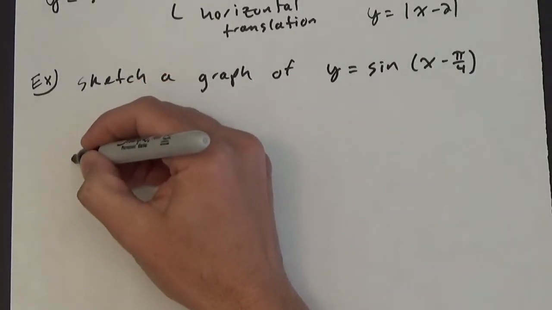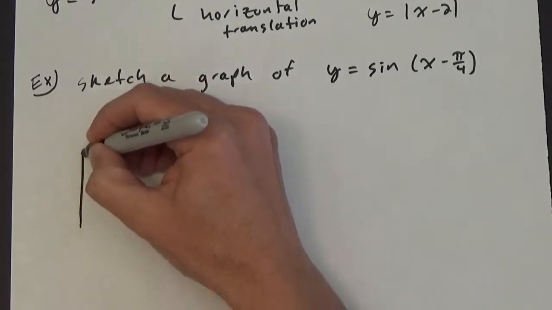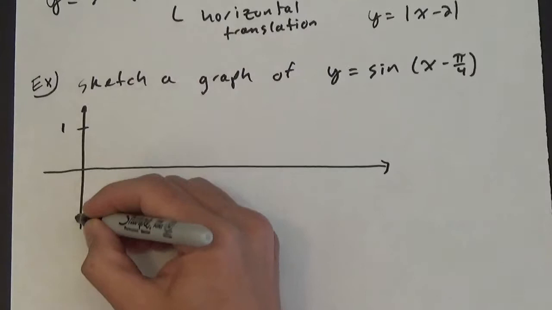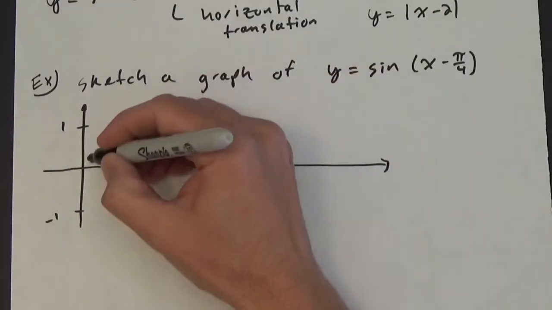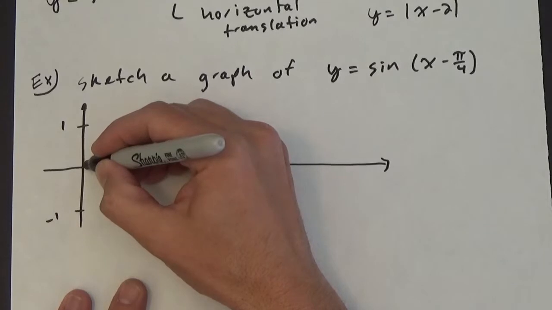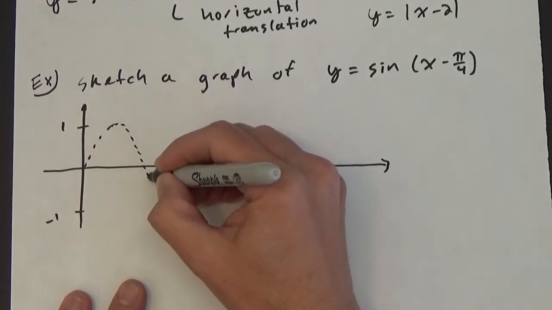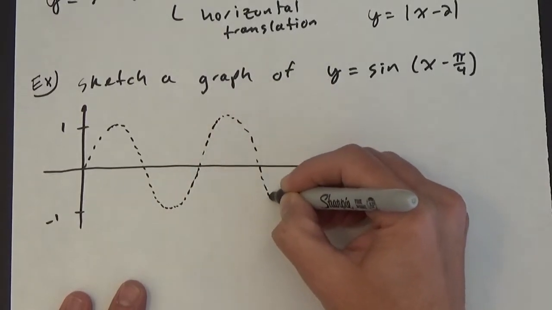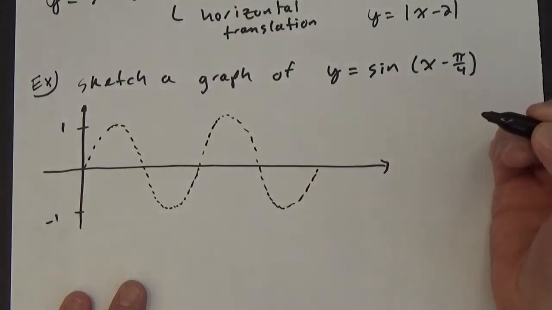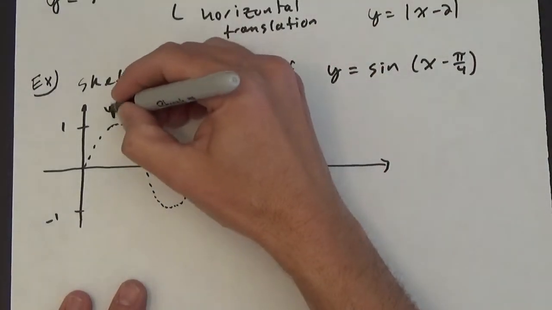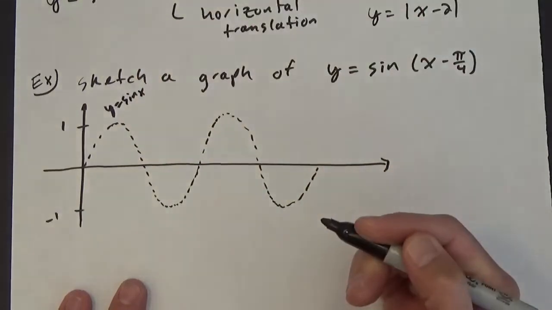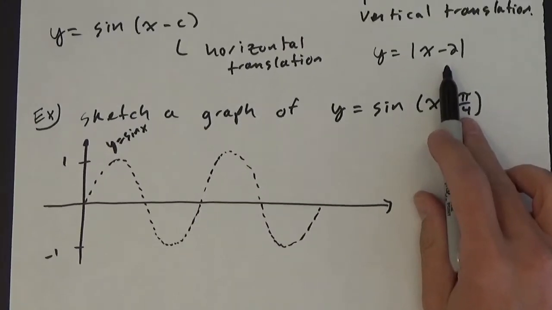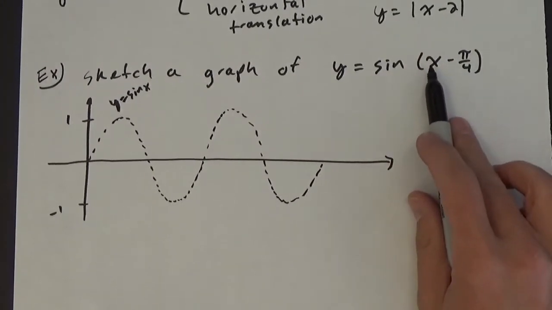If we were to just sketch sine of x, let's go ahead and do that. So here's 1, here's negative 1, and I'll dot this one in. The sine of x looks something like this. There are 2 full periods. Now if we have a minus pi over 4, just like we shifted this absolute value to the right 2 units, this is the same idea.